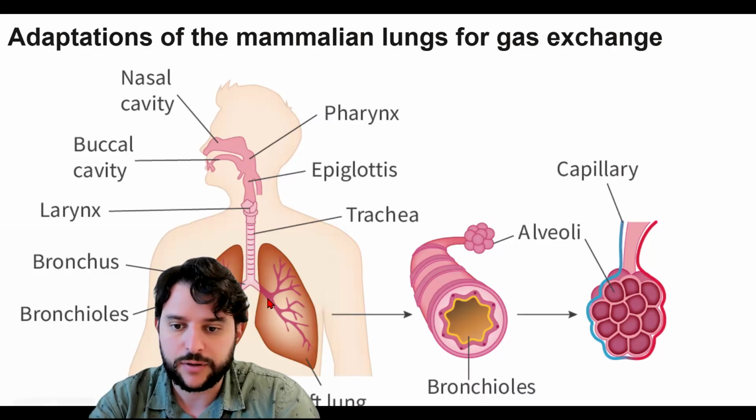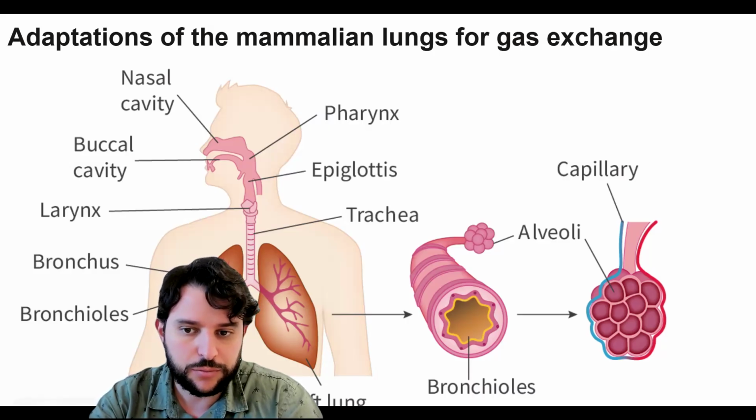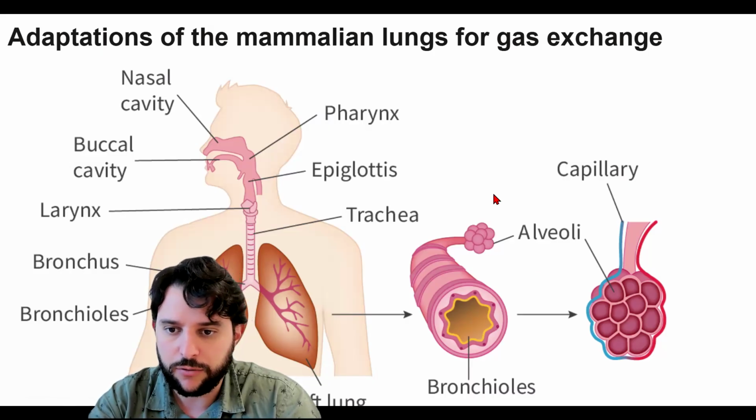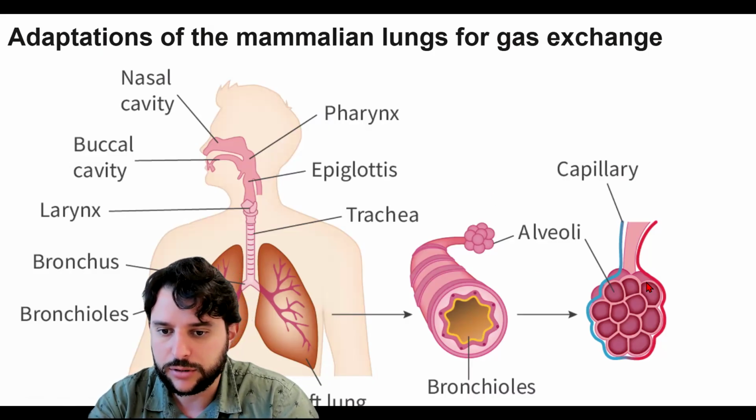In the lungs, you're going to have the exchange. Here in the lungs, you're going to branch over and over and over until you reach the alveoli, these tiny structures that are very thin, very delicate, and the gas exchange is happening here between the capillaries and the alveoli.